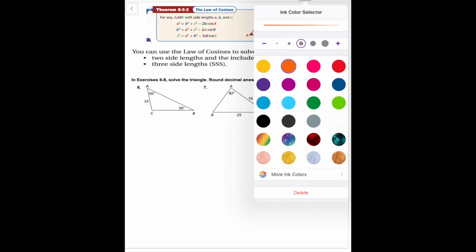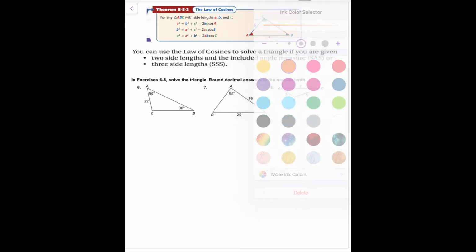So that is only for the law of sines, because remember the law of cosines is for two sides and the included angle, or three side lengths. SSS or SAS is for law of cosines. So you need to remember the laws and see which one to use before you start solving the problem.